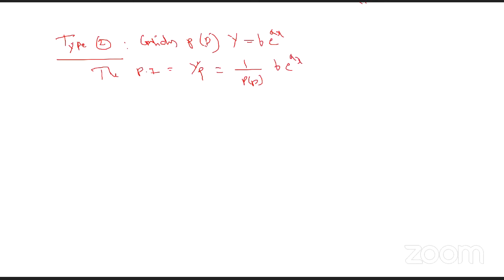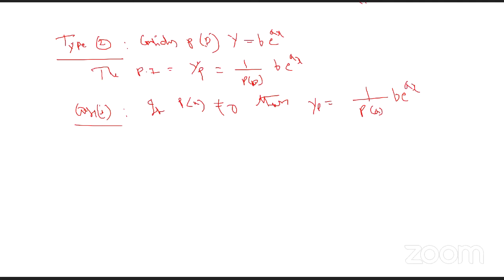Case 1: if P(a) is not equal to 0, then the particular integral y_p equals 1 by P(a) times B e^(ax).